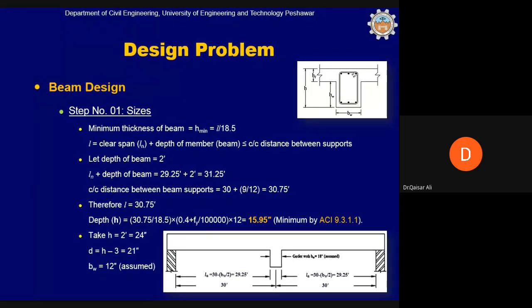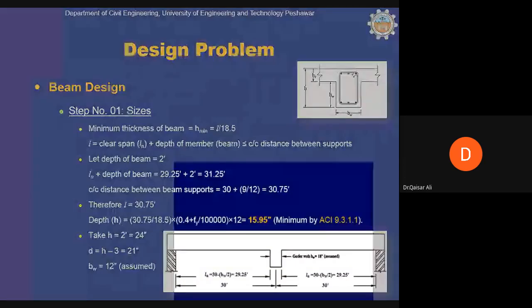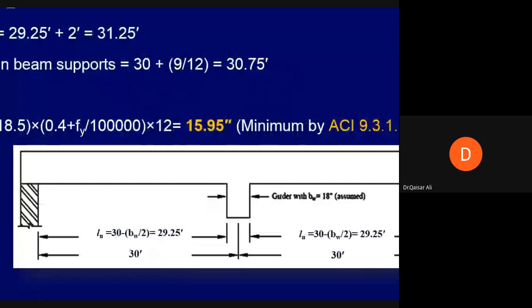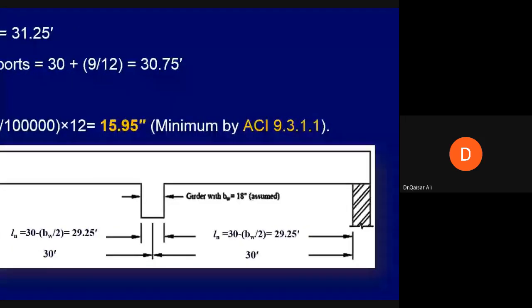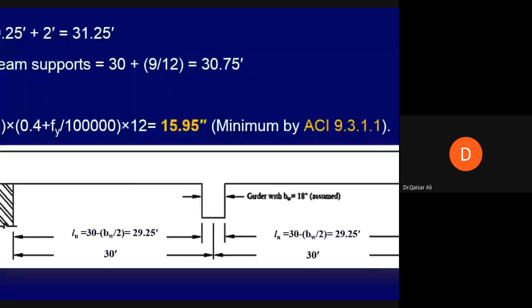The length of one span is like this, from the interior side of the wall to the center of the girder. This is the girder, 18-inch wide girder, we assume that the width will be 18 inch. And from the center of this girder to the inner part of the wall, this is 30 feet because the total interior dimension of the hall is 60 feet.